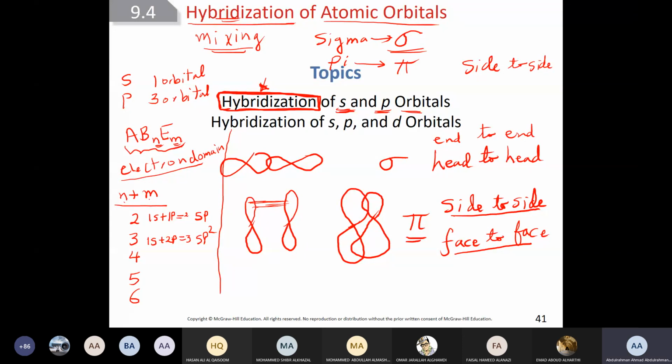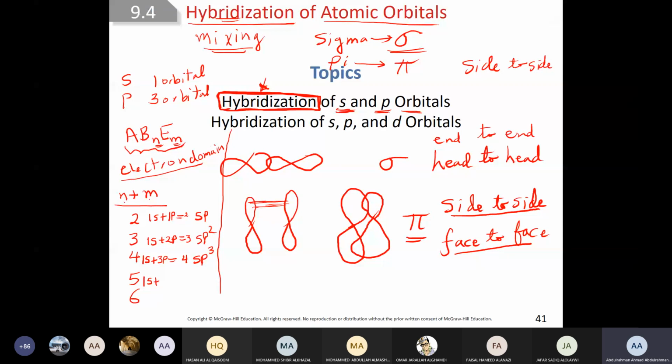Clear? The theory says also, if we have 4, then 1s will interact with 3p to make 4 sp3 orbitals. When we have 5, then 1s will interact with how many p? 4p? We cannot have 4p.